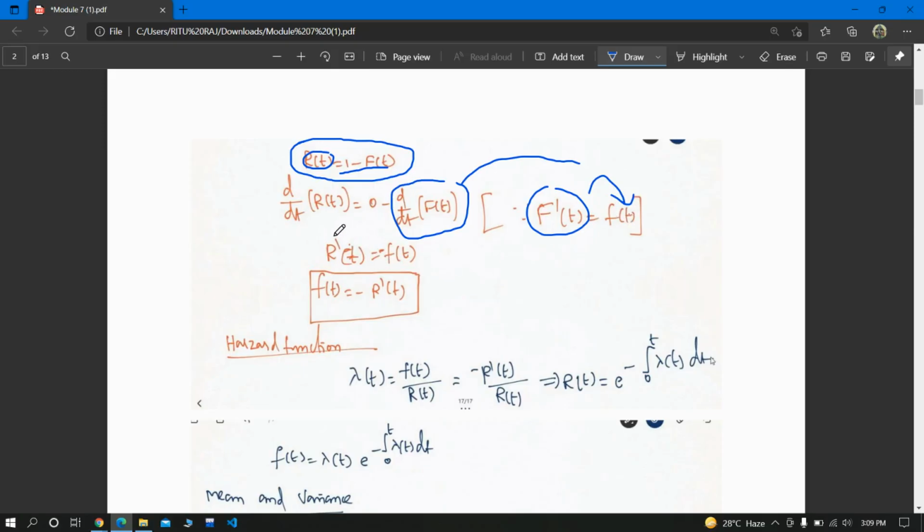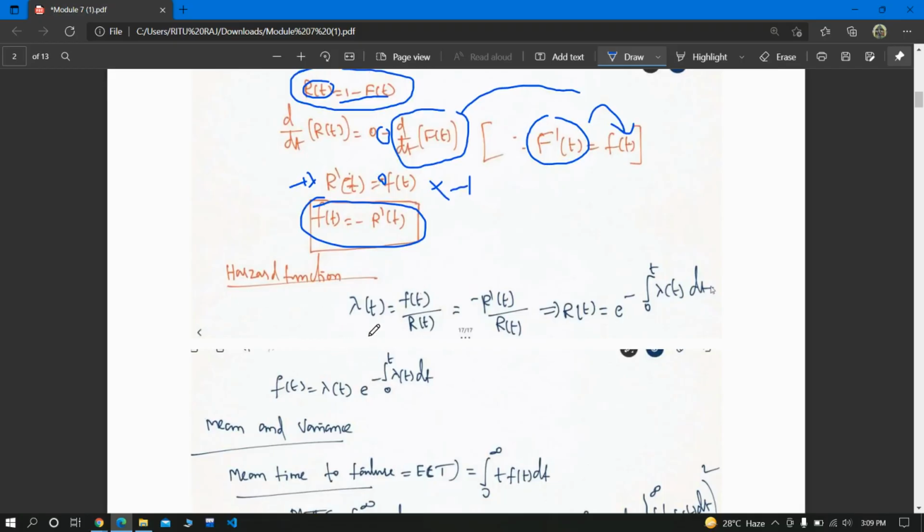So R dash, the differentiation of R of t, is equal to minus small f of t. So small f of t is equal to minus R dash of t. This is the minus sign which is coming here. We just multiply by minus 1 on both sides, and then we get this formula.